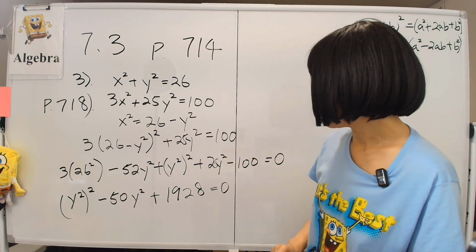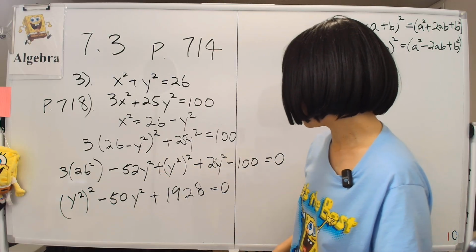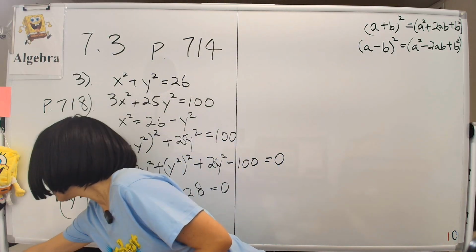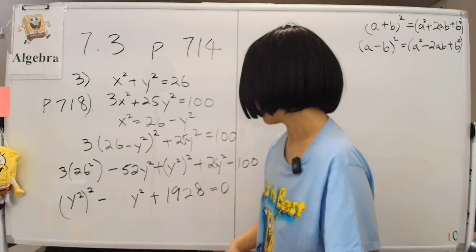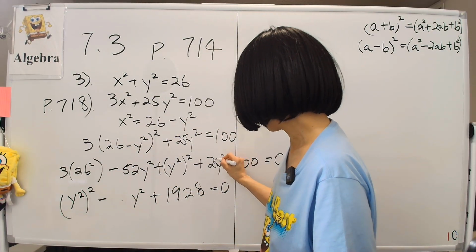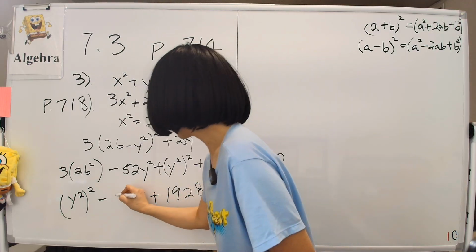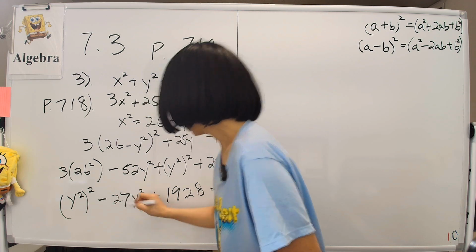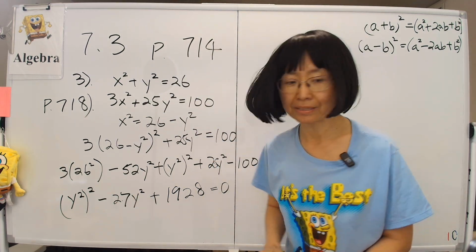So it's minus 52 plus 25, which is different from that. Instead of minus 50, we'll have minus 52 plus 25, that's minus 27 y squared. And then the other stuff is probably correct. Let me check this again.